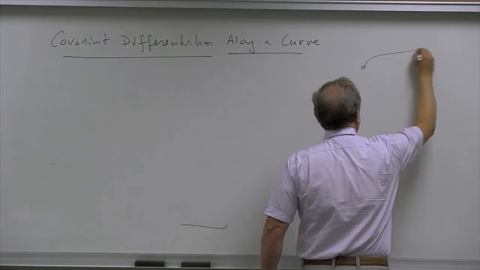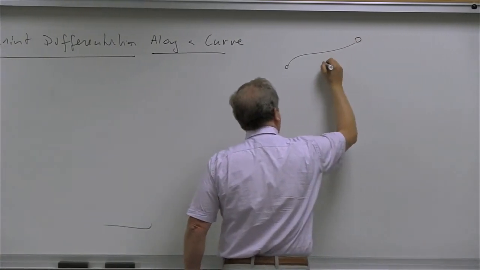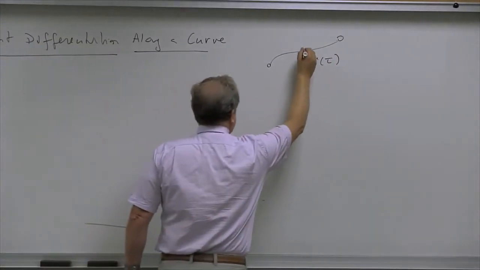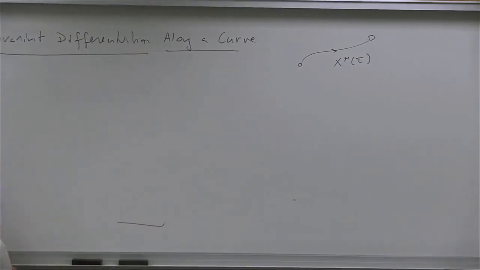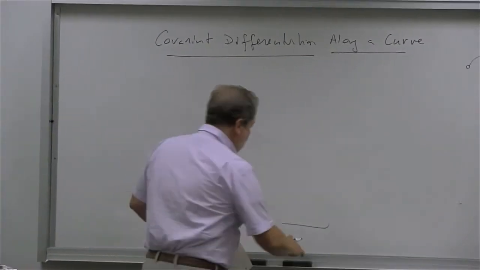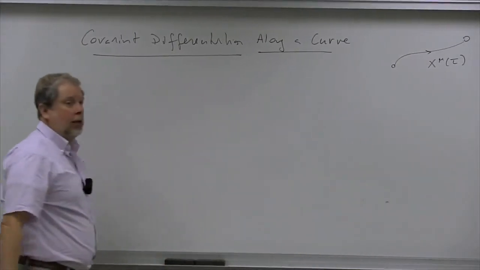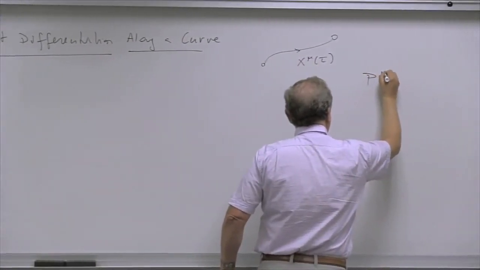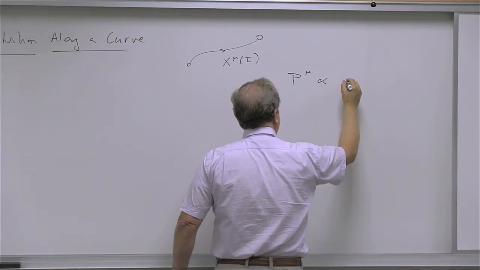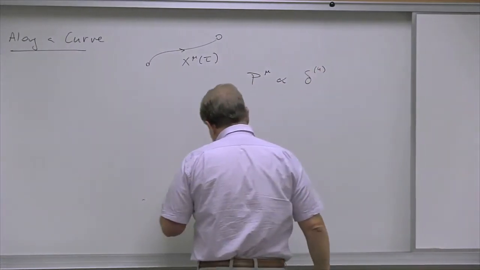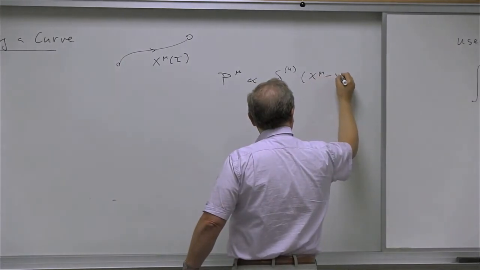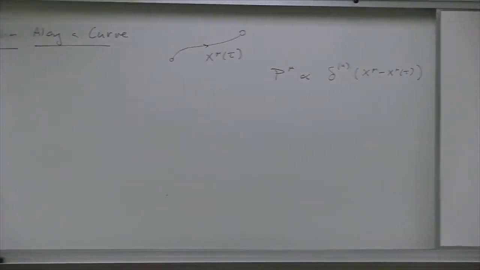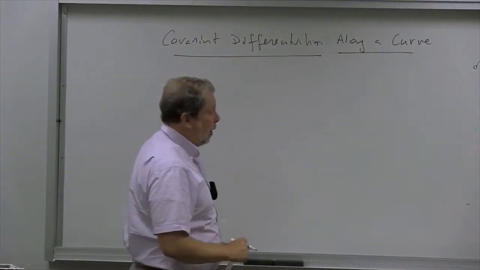So that means that we have a curve that goes from point A to point B, which is characterized by some coordinate, which is x mu of tau. And typically, there's going to be some quantity which is non-zero only on that curve, because the curve is associated with the path of a particle. So, for example, we can have the 4 momentum, and that is going to be proportional to some delta 4 of x mu minus x mu of tau. So the 4 momentum associated with the particle is going to be 0 everywhere except where the particle is located, which is along that trajectory.